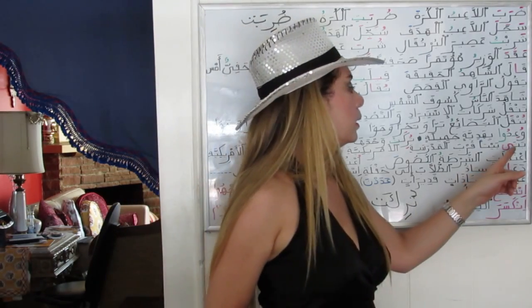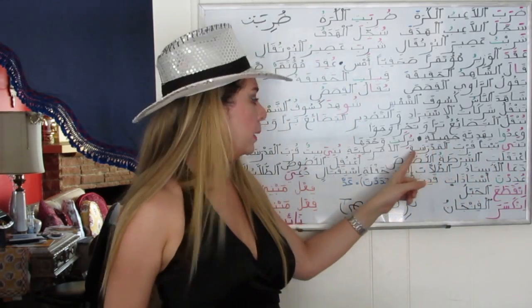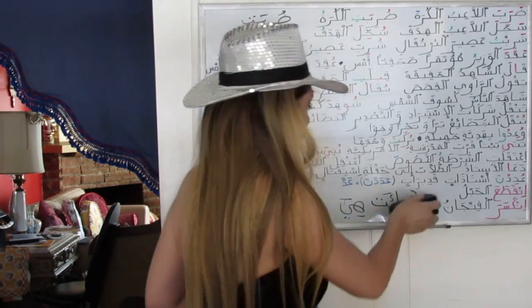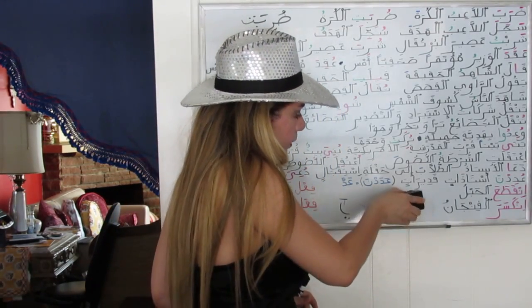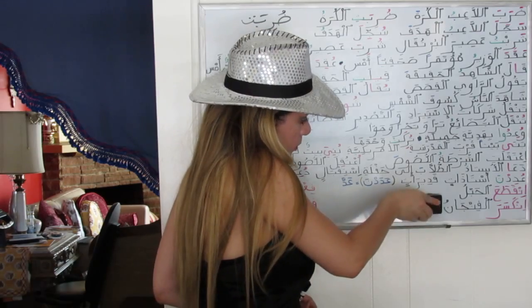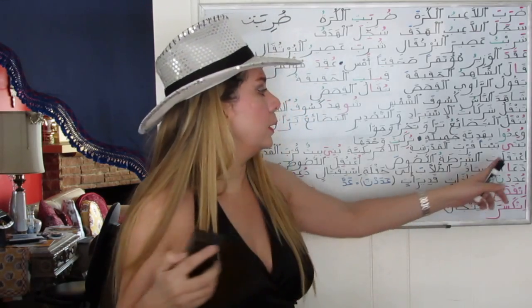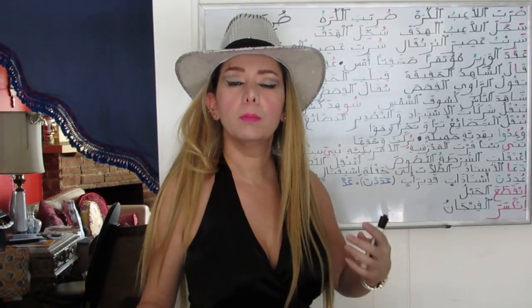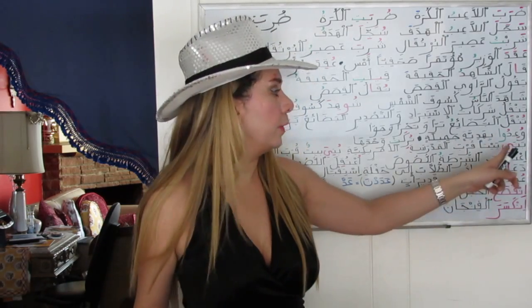Here. بنى بيتا قرب المدرسة الأمريكية. Here we have the verb بنى ending with the shortened alif, ألف مقصورة. الفعل الناقص, defective verb.